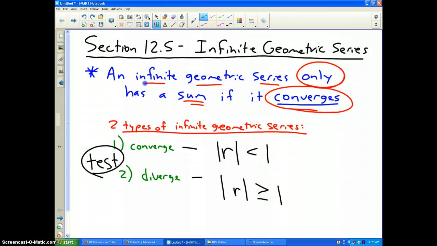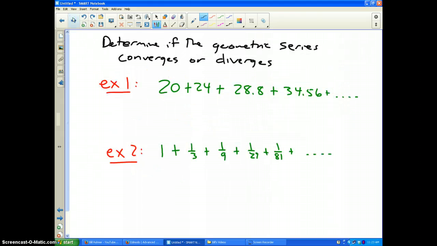A couple of examples. Determine if the geometric series converges or diverges. Very simply, in order to find r, the common ratio, you take the second term and you divide it by the first term. In the first example, 20 plus 24 plus 28.8, etc. The second term is 24, and the first term is 20.